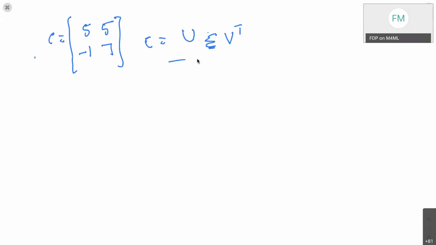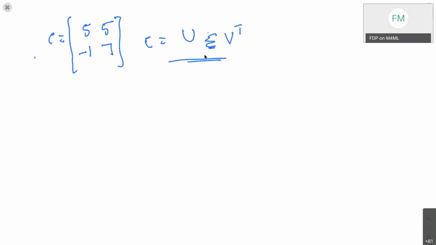So let me take one simple example here. To find SVD, let us consider some C matrix, with entries 5, -1, 5, 7. Okay. So we have to decompose this C into U sigma V transpose. So this is what we are trying to do. Basically, U and V are the columnar orthogonal matrices, right?